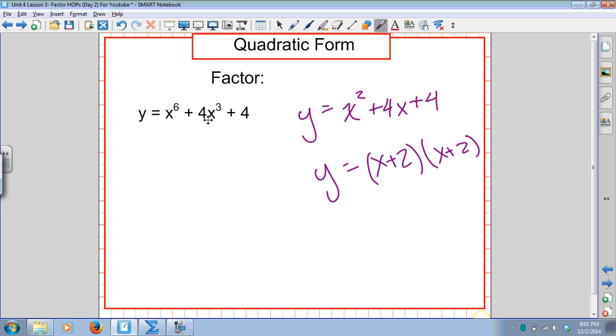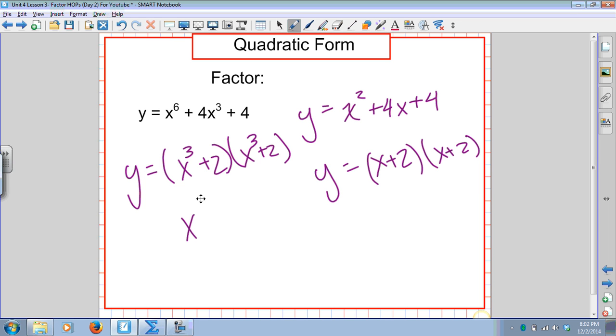Now, if I want to make things that add instead to x cubed and multiply to x to the sixth, I'm going to have to use x cubed plus 2 times x cubed plus 2. So you can FOIL this out to check. The firsts give you x to the sixth.